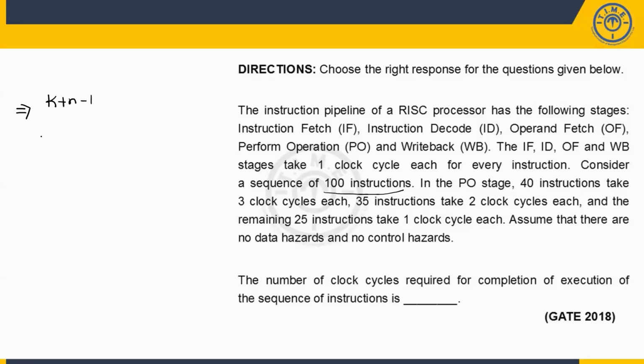What is k? Number of segments is equal to 5. So that is equal to 100 plus 5 minus 1, which is equal to 104. Keep 104 here.